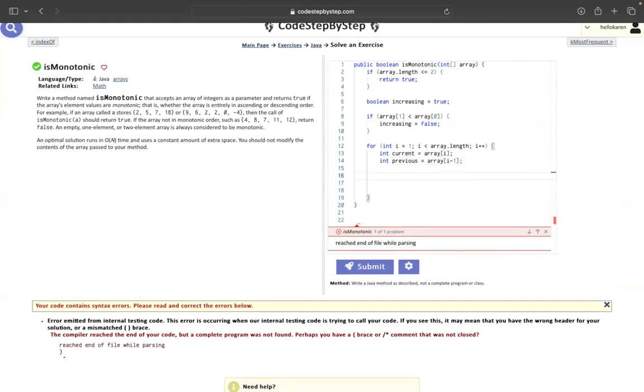Okay, so now every time we loop, we're going to have a current variable for our number now and a previous variable for our previous number, right? Already it's looking so good. So now all we need to do is check, if we're checking for an increasing pattern, so if increasing is true, then we need to check, is our number bigger than our previous number?